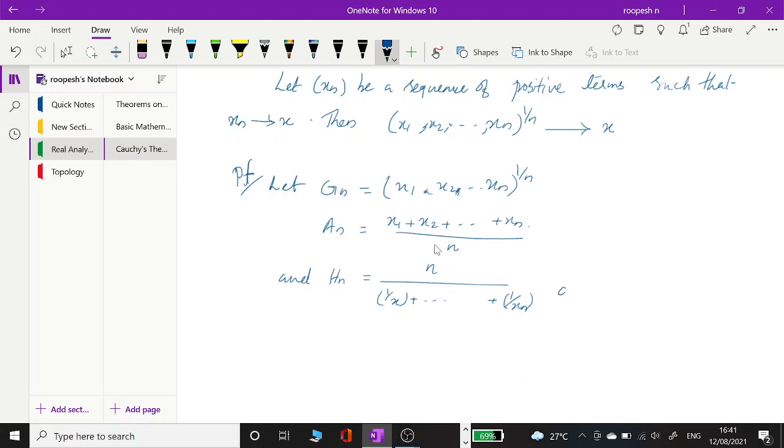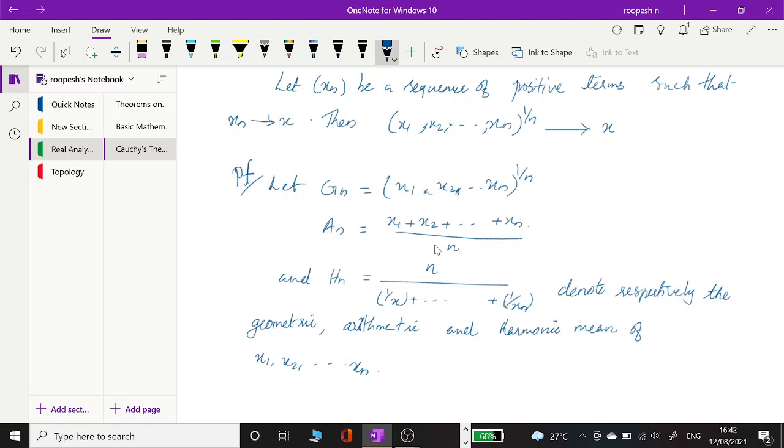Denote respectively the geometric, arithmetic and harmonic mean of x1, x2, etc. xn.